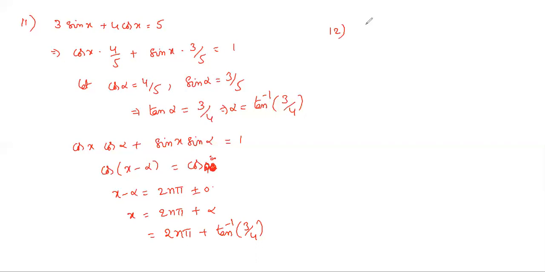Next equation, cos 3 theta minus cos 4 theta equals cos 5 theta minus cos 6 theta. So applying transformations, before applying them, cos 3 theta plus cos 6 theta to get the common term: cos 5 theta minus cos 4 theta, minus, if you take plus cos 4 theta.